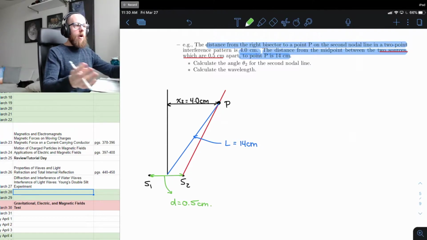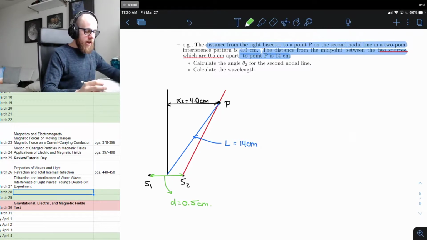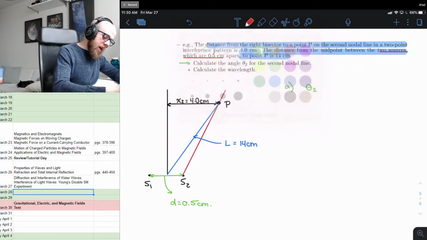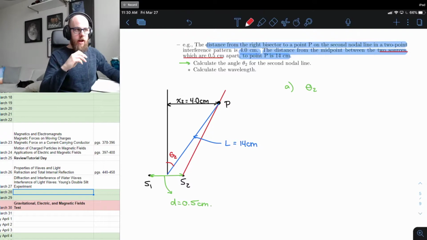So I have all of this information that's being given to me here. My goal for part A here is to calculate what theta 2 is. So theta 2 is just the angle between my perpendicular bisector, so the center of my pattern here, and the nodal line.